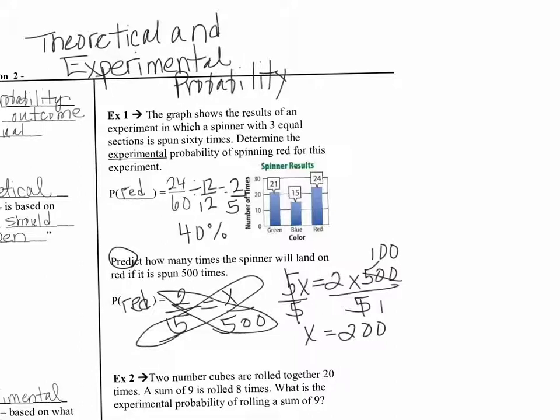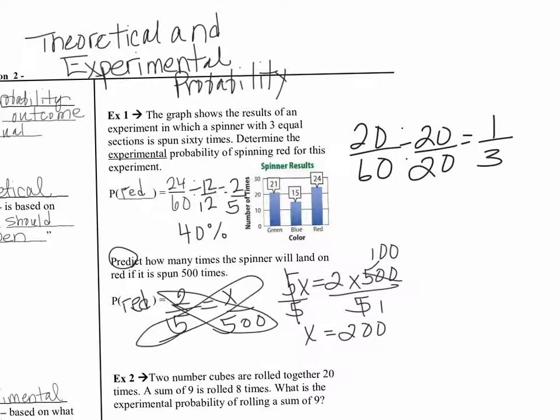You would land on green 20 out of 60, and you would land on blue 20 out of 60. 20 out of 60 simplified by 20 top and bottom gives you 1/3, which is 33 and 1/3%. In theory, that's what would happen.